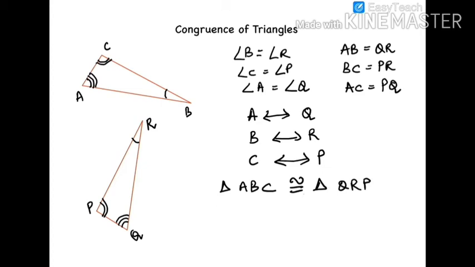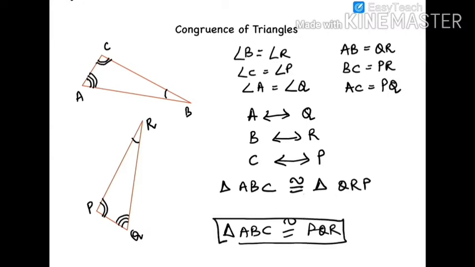So under this congruence, we can write down triangle ABC is congruent to triangle QRP. It is important to write the correspondence of vertices correctly in order to write the congruence of triangles in this symbolic form. So if we choose an order of vertices for the first triangle, the same order has to be chosen for the second triangle. So if we write triangle ABC is congruent to triangle PQR, then this will be wrong because the order of congruence is not correct.